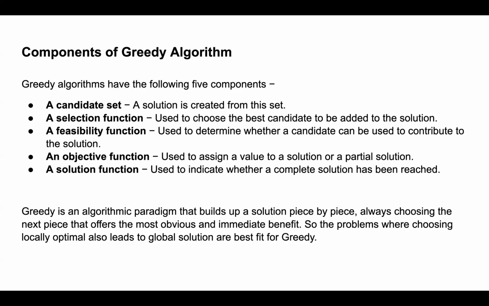Here we are taking the partial solution, meaning again we are solving the problem part by part: the solution for the first part, the second part, the third part. So a partial solution will be there. Then the next is the solution function. It is used to indicate that a complete solution has been reached. The final state or final step of that problem will be the solution, and that will be known as a solution function.